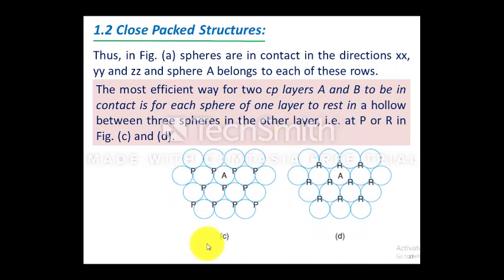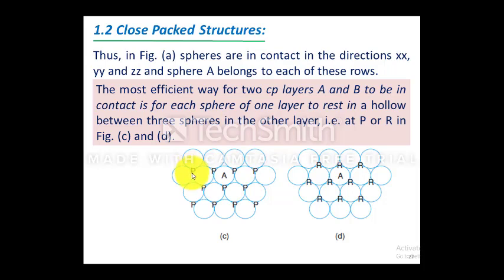Just look at this picture C. We have atom A, it is surrounded by different spheres. The hollow positions are of two types. One are in this row and the others are in the upper row.